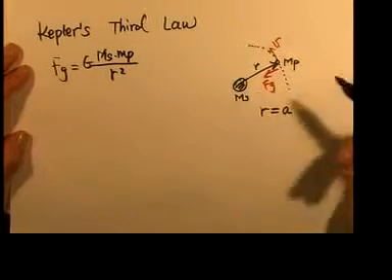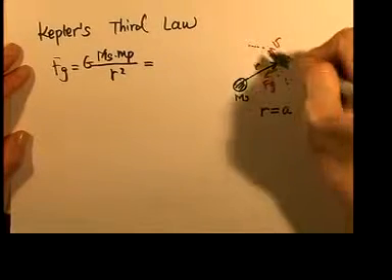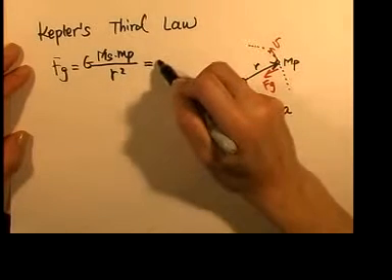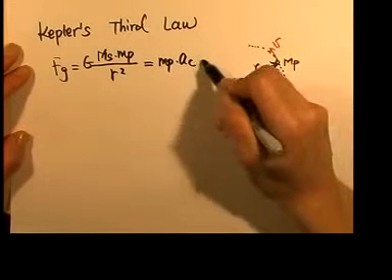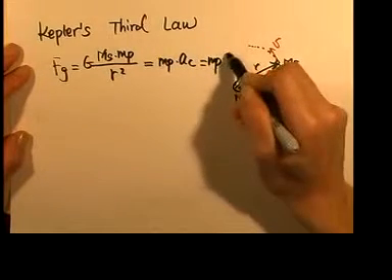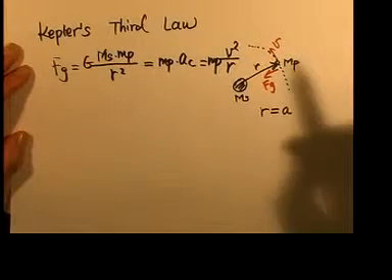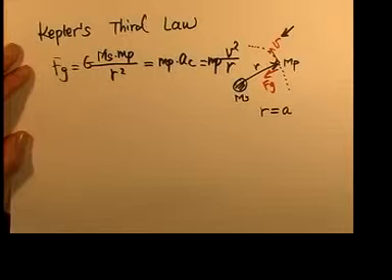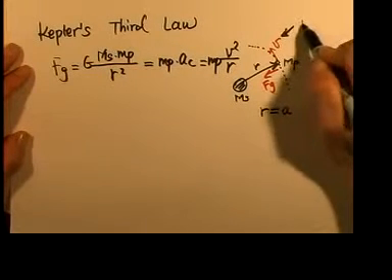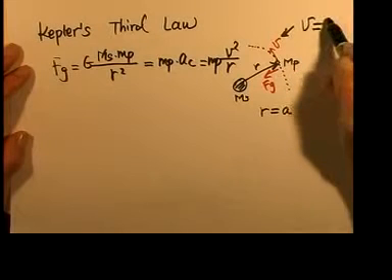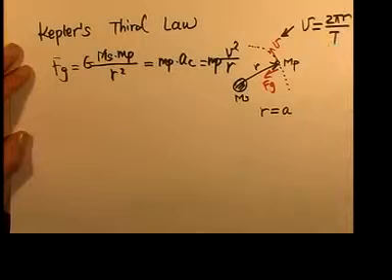Let's assume this is a circular orbit, then that equals the mass of the planet times its centripetal acceleration, and centripetal acceleration is v squared over r. This v is the tangential speed of circular motion. So we can easily get v equals 2 pi r divided by the period.